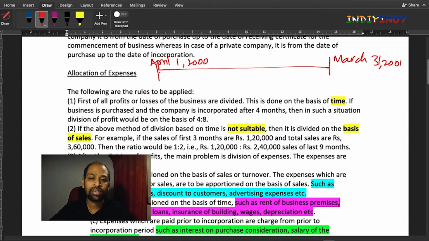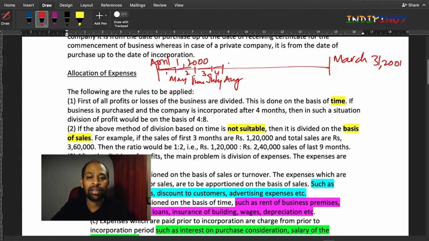So if it took 1, 2, 3, 4 months, May, June, July and August, the entire April, the entire May, the entire June and the entire July, 4 months it took to get permissions from the registrar of companies.